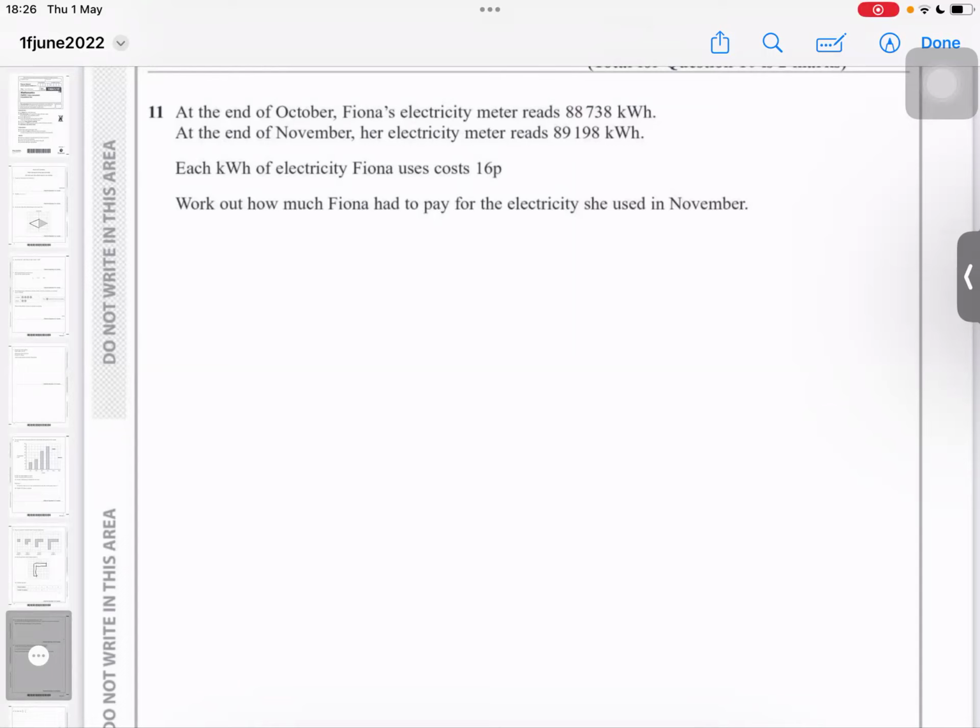That's 460. I didn't write down anything, I'm just looking at it. So now I need to multiply 460 by 16, which is as good as 46 times 16, and then I'll just put a 0 behind it.